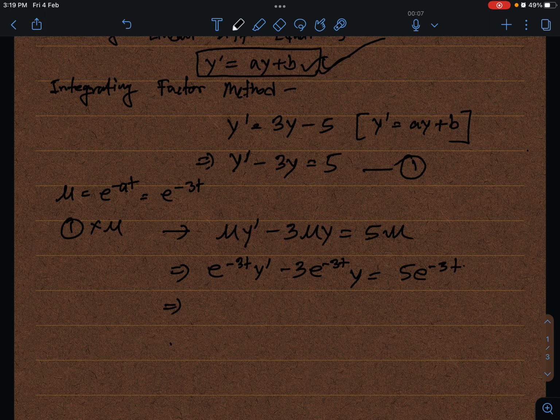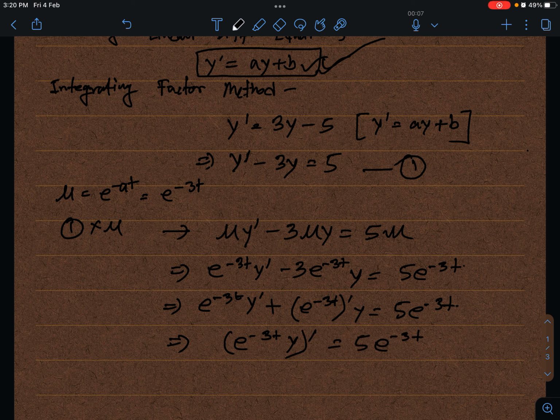As you can see, this is e to the power minus 3t y prime minus 3 e to the power minus 3t y, which is the derivative of e to the power minus 3t y, so the equation equals 5 e to the power minus 3t. So we can write this as e to the power minus 3t y whole prime equals 5 e to the power minus 3t.